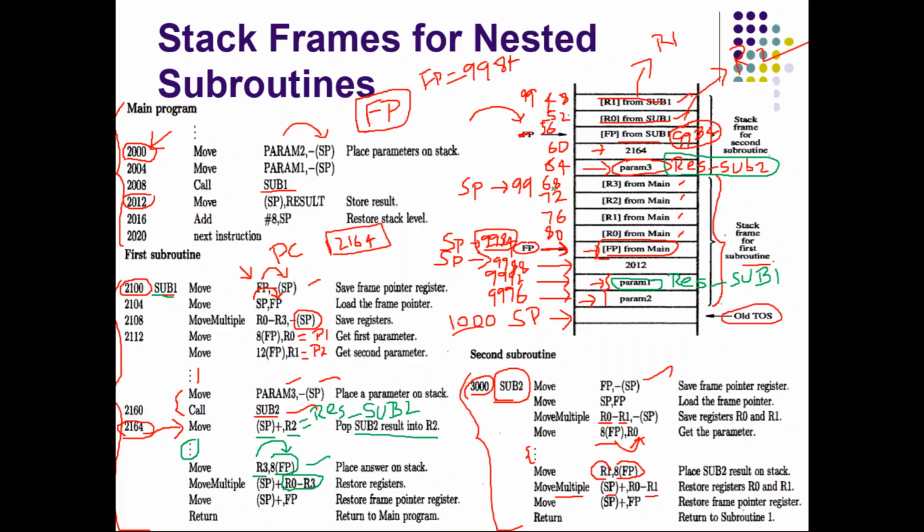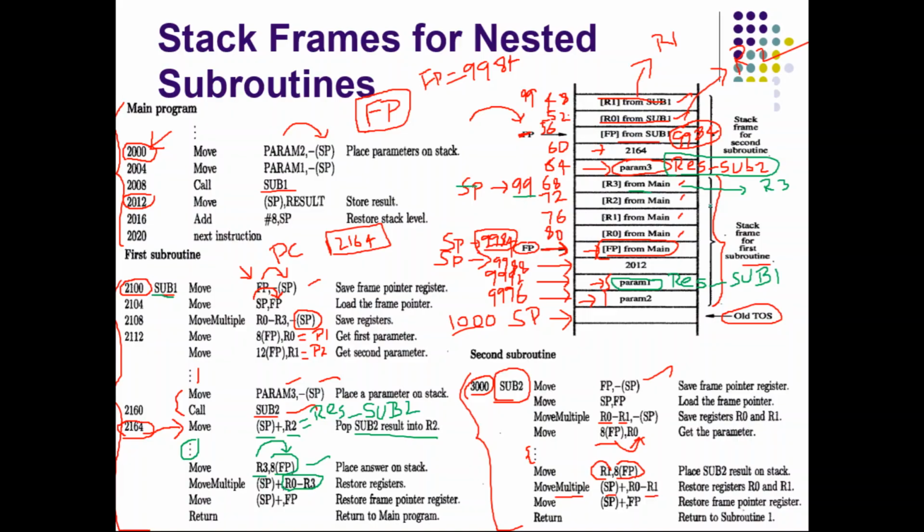Where is SP? SP is pointing to 9968. This location contains the previous R3 from the main function. So whatever the content here will be moved to R3, right? And then SP will be incremented to 72.